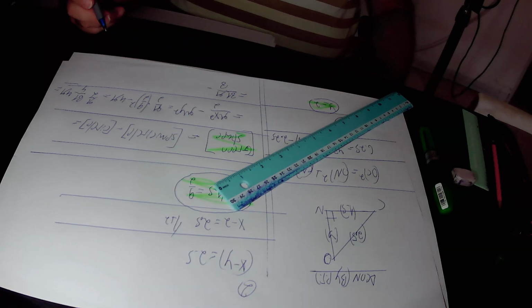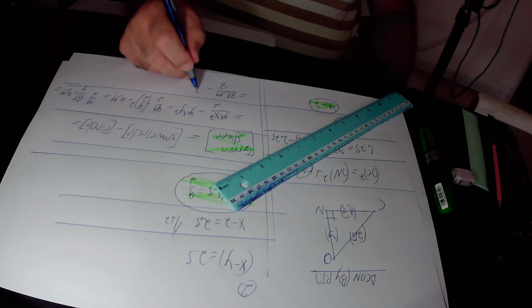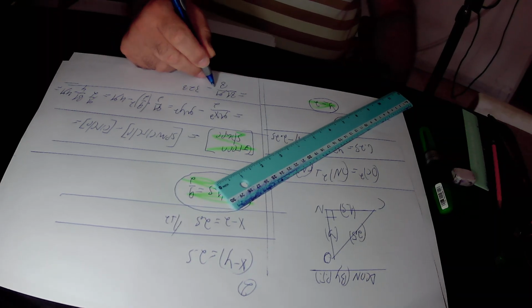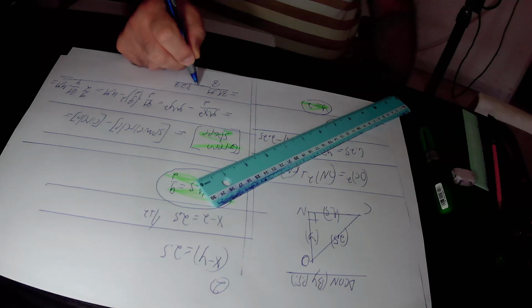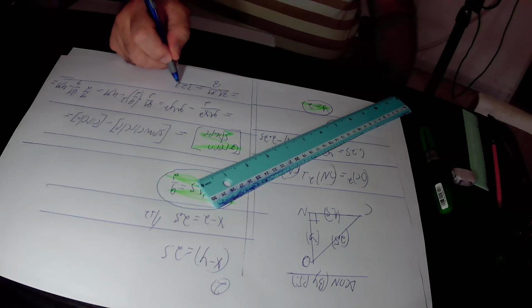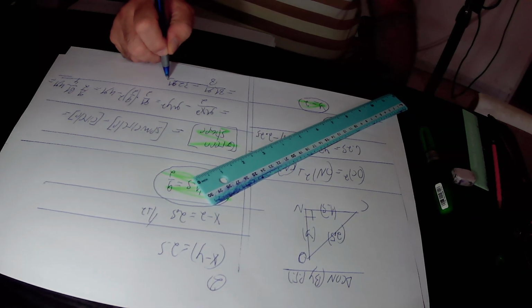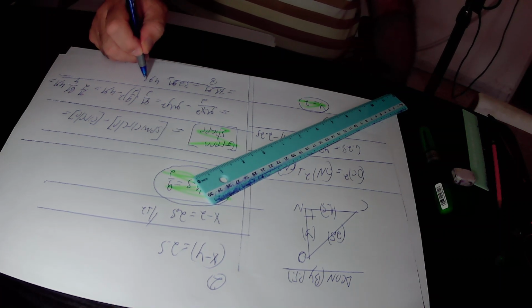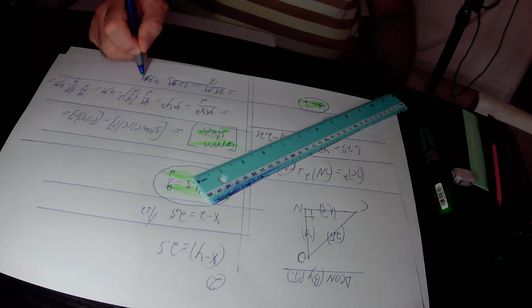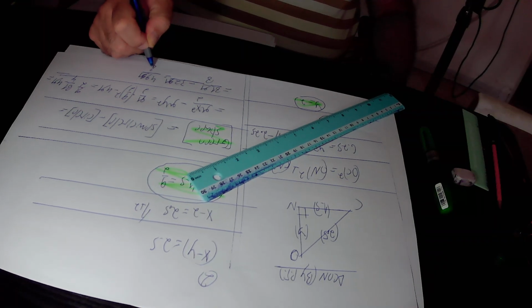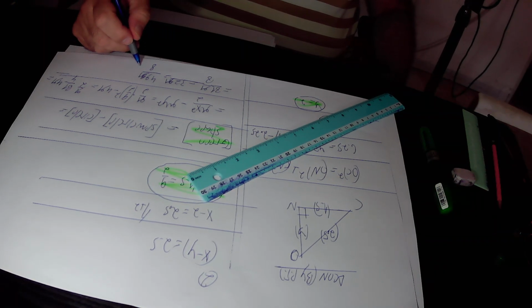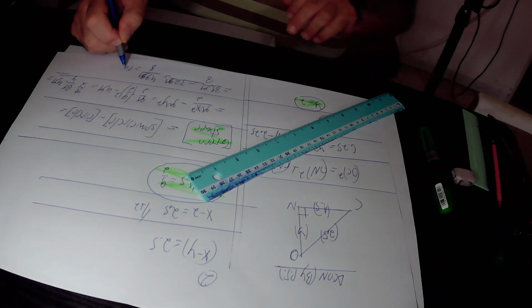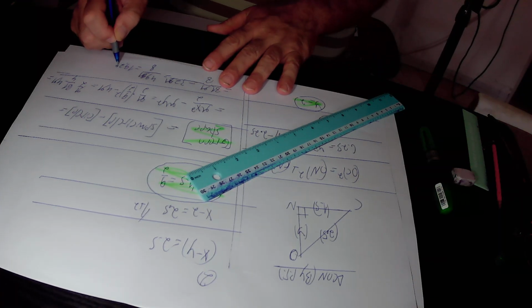And we get that minus 4 pi times 8 is minus 32 pi, divided by 8. 81 pi minus 32 pi is 49 pi. 49 pi over 8. 49 pi over 8 is 19.24 square units.